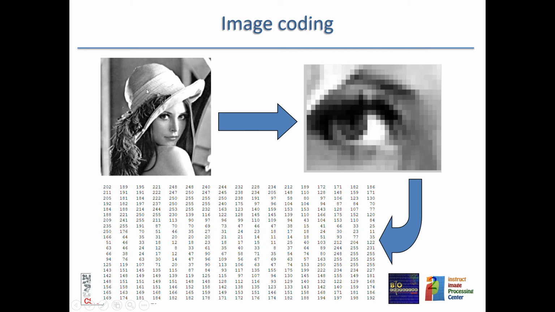So for instance, if you want to express this image, and we are zooming in here, what you need to store is only the number that you have to repeat in the three channels. Here we have the collection of numbers for this particular part of the image, and we see that darker regions of the eye correspond to smaller gray intensity values.